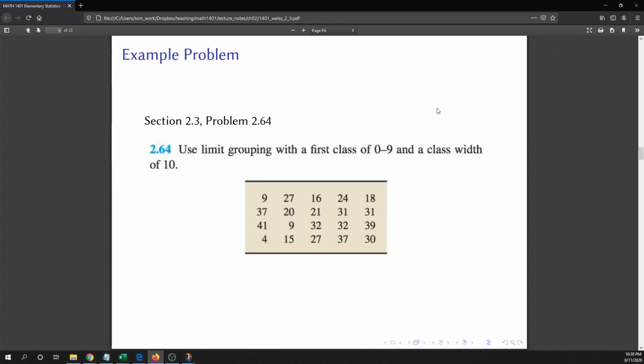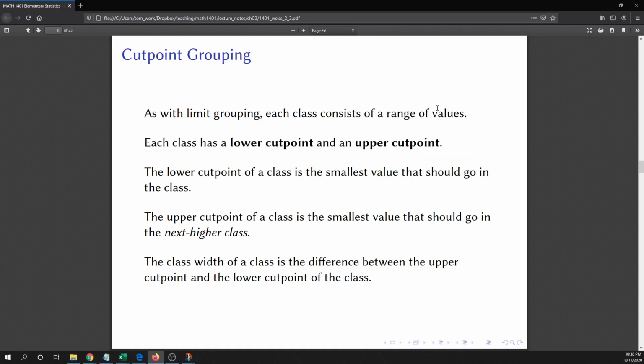All right. And so the next type of grouping is called cut point grouping. And so it's similar to limit grouping in that each class consists of a range of values, and each class has a lower cut point and an upper cut point. So the lower cut point in this type of grouping is the smallest value that should go in the class, okay?